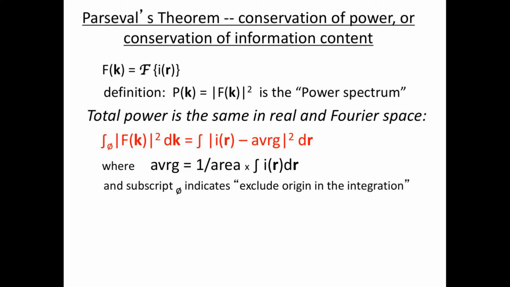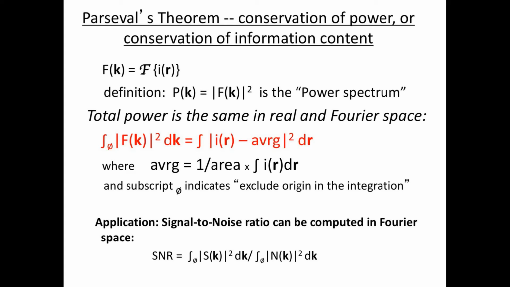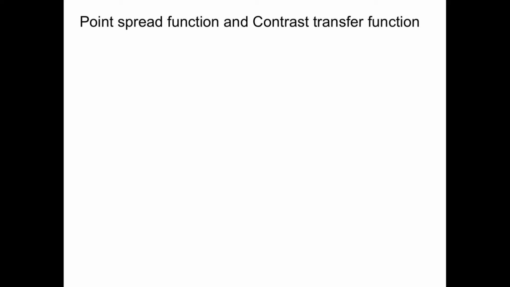And this we can conveniently do by low-pass filtration. Okay, so this is the formula for computing signal-to-noise ratio in Fourier space. So we perform the integral or the summation over the signal part, and we do it for the noise part.